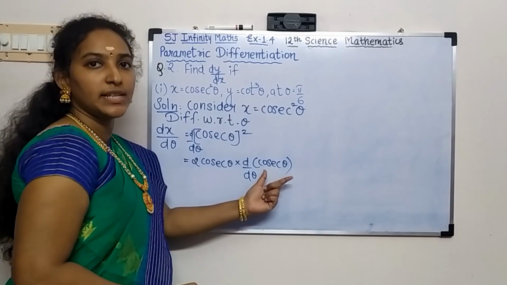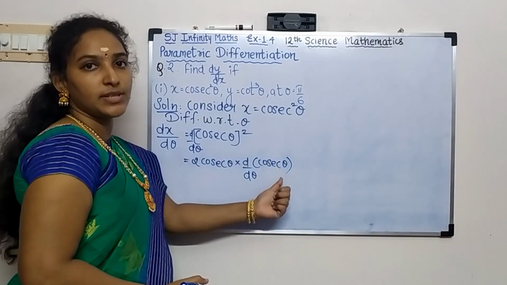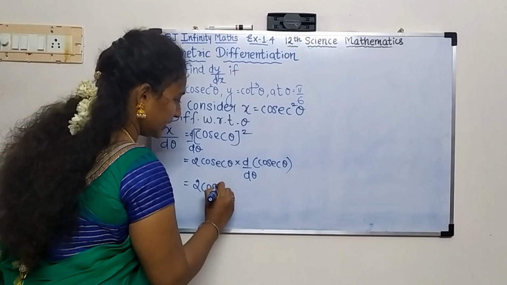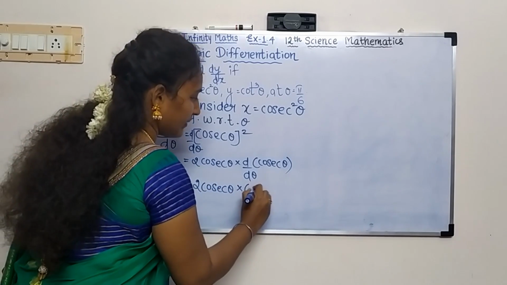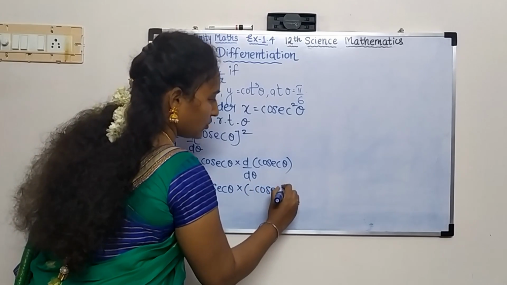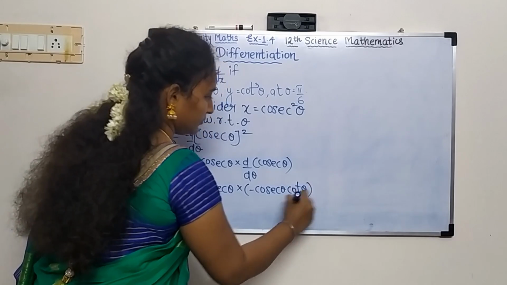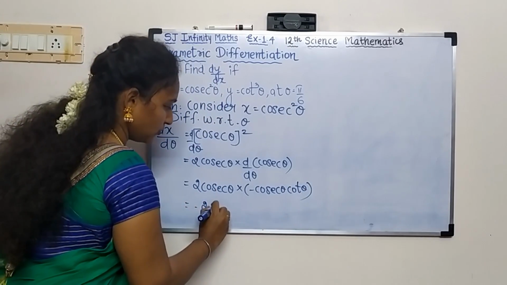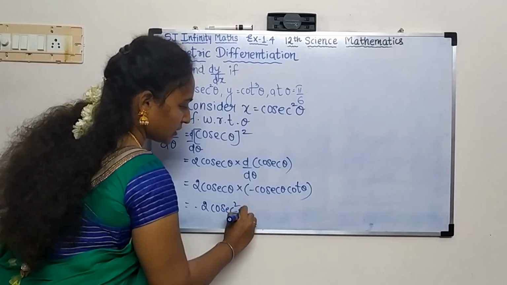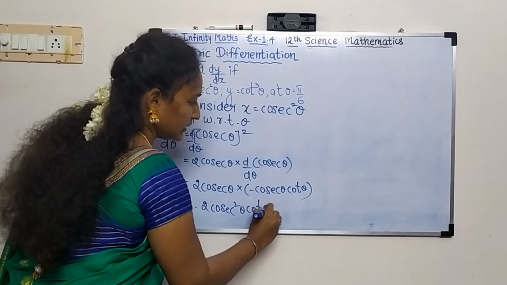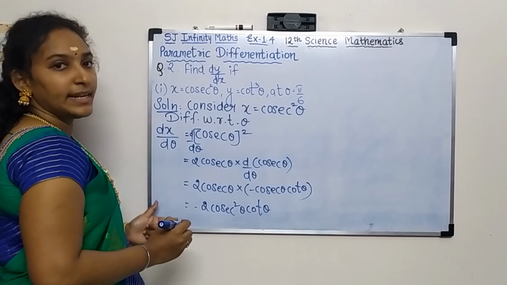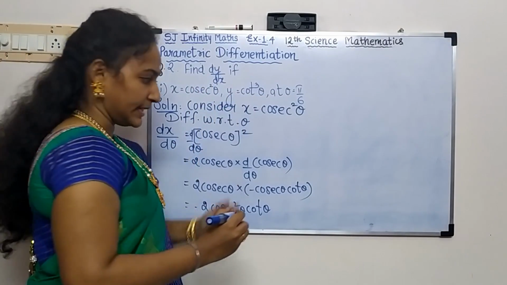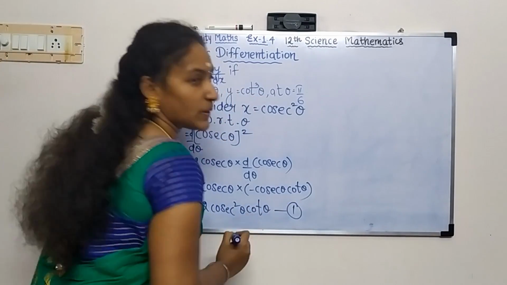And derivative of cosec theta is minus cosec theta cot theta. 2 cosec theta multiplied with minus cosec theta cot theta. So this will become minus 2 cosec square theta cot theta. So this is your dx by d theta. Let this be your equation number 1. Now let us find dy by d theta.